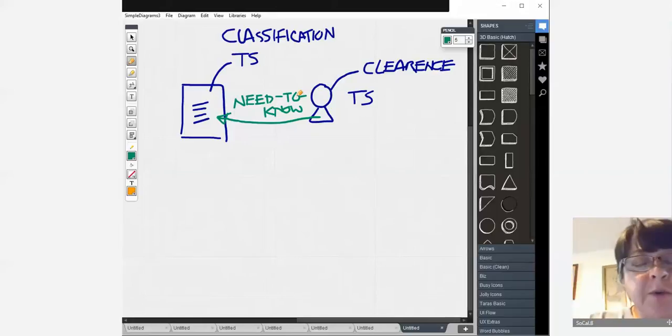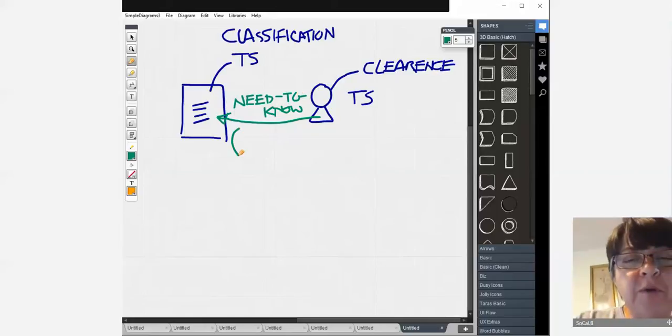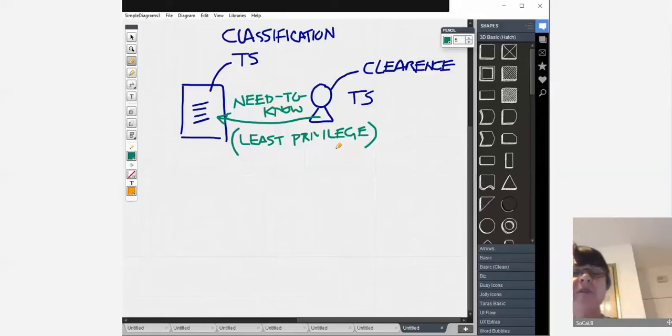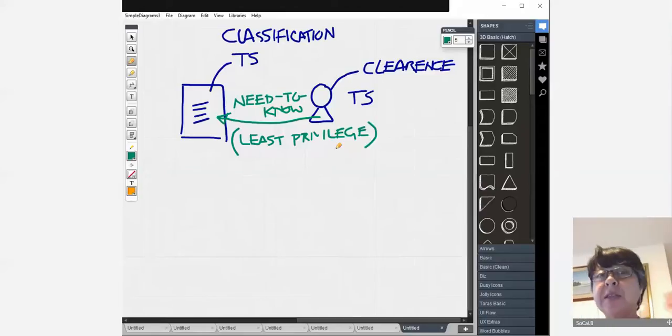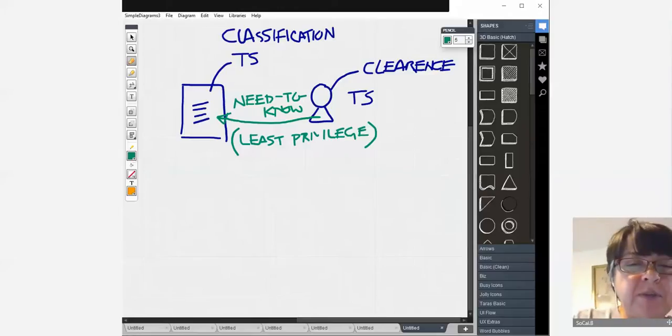And, of course, another word for need to know is least privilege. It's done in this way. The same thing applies with a secret document.